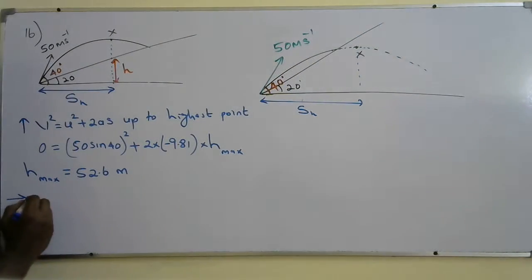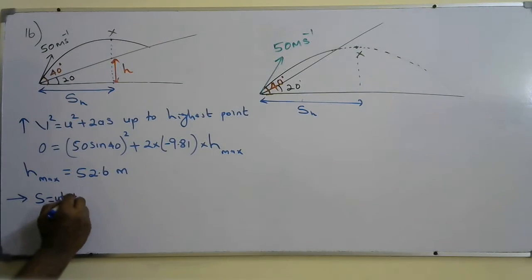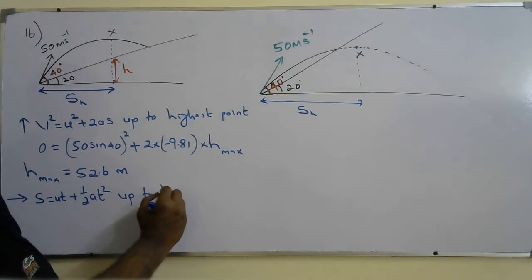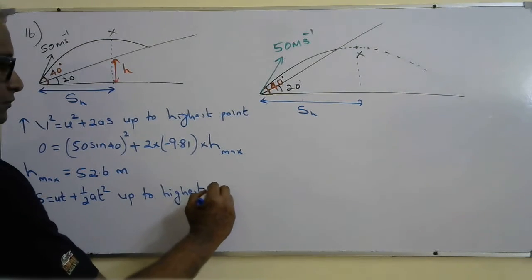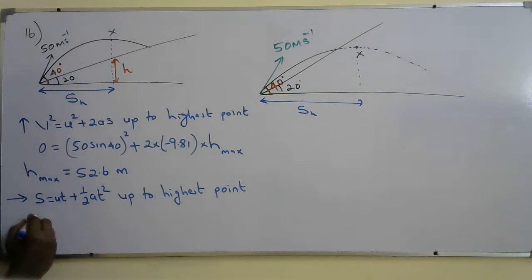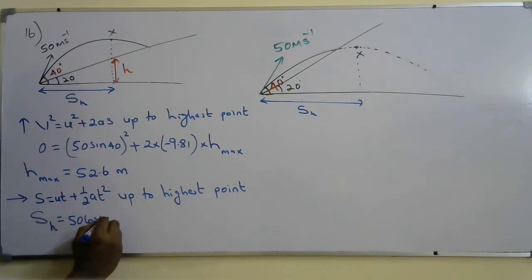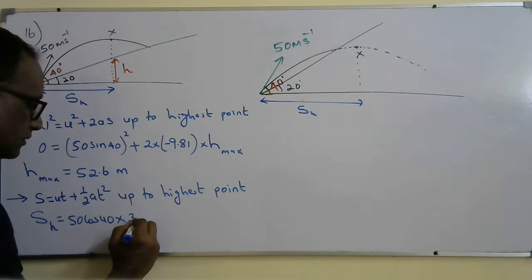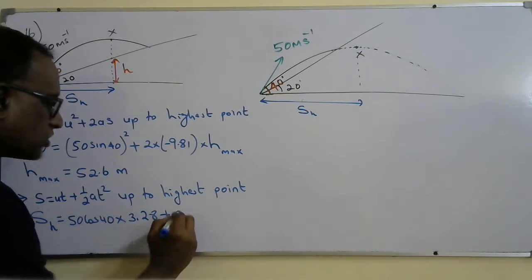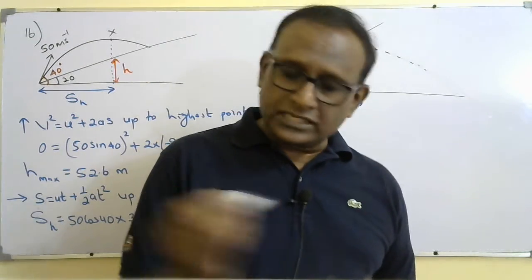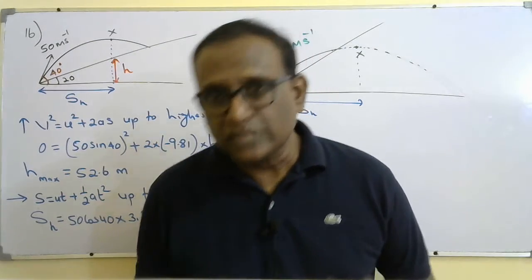Okay, we are going to find that. So horizontally use S equals ut plus half at squared, that also up to the highest point. So S_H, because I use the notation S_H, the horizontal displacement, that is 50 cos 40 times the time we found already, that is 3.28, plus, we know horizontally no acceleration, because gravitational acceleration is vertical, that has no horizontal component, and we assume no drag force.